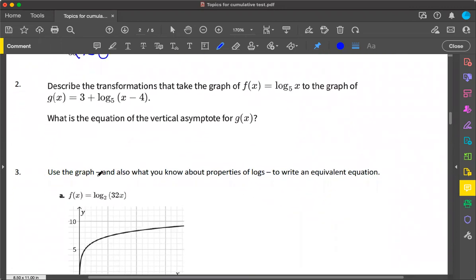What's the equation for this vertical asymptote? So I look at this and think that there is a horizontal shift going towards the right 4 units. So if the log function originally, the OG log function, is something like this, I'm not being specific with points, it would now move over to the right 4 units.